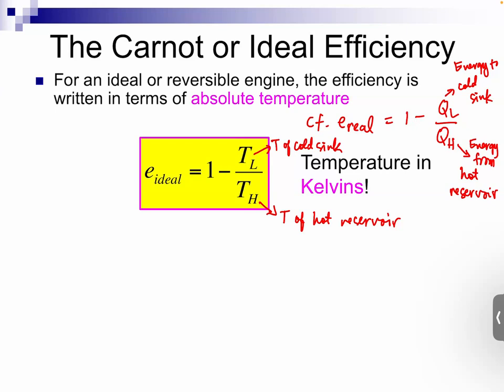But then you have an idea of what the efficiency of your engine is, the maximum efficiency of your engine is. Then you build your real engine, and when you build your real engine, you calculate its real efficiency using how much energy it actually draws from the hot reservoir and how much energy it actually expels through the cold sink.